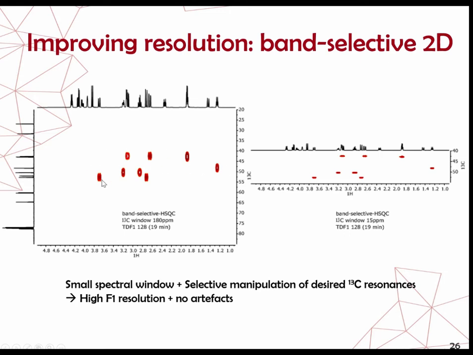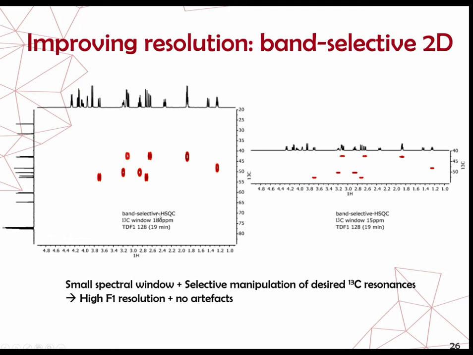So we only see these peaks. And if we use the reduced window, we have our peaks with a better carbon resolution and no folding. Okay, so these band selective experiments are available on the sample changers. So if you need them, we have them with 2 bandwidths.